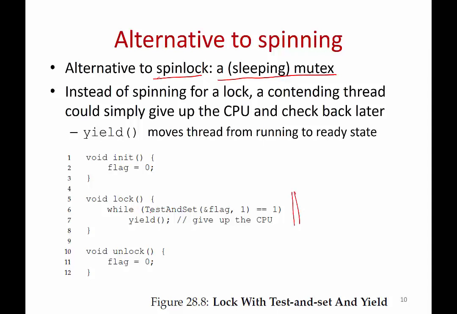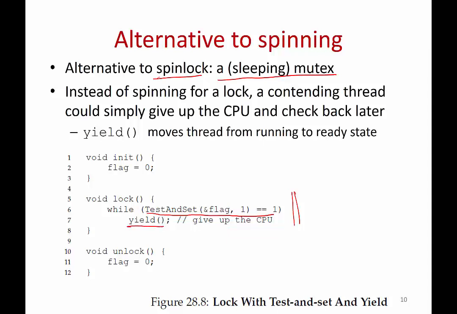You test the flag. Oh, a value of 1 has been returned. I tried to set the flag to 1, but the old value is 1. It means somebody else already has the lock. So instead of just continuing in this while loop, what will I do? The thread will say yield. So yield is something like a system call.